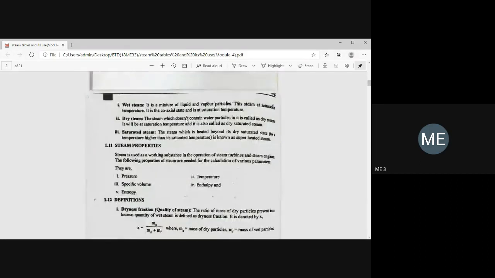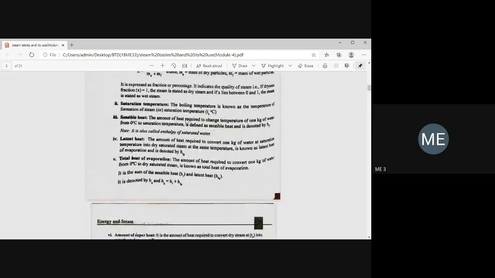Second one is latent heat, the portion between B and C. When you supply the heat, there will be no change in the temperature, but all the water particles present in the wet steam are completely converted into dry saturated steam. That is called latent heat.